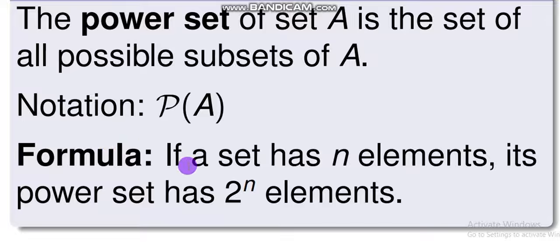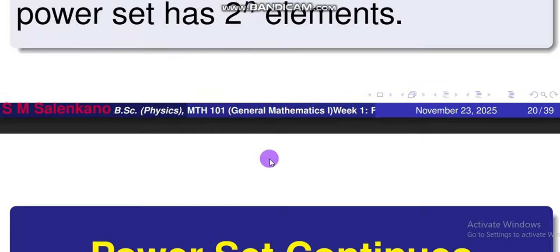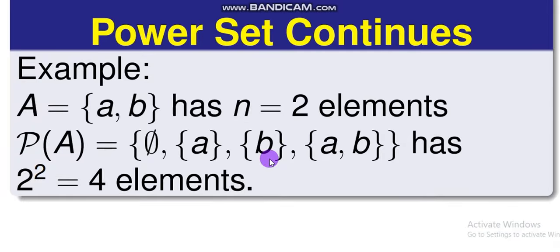The formula says if a set A has n elements, where n is the number of elements, like 5 or 6, then its power set has 2 raised to the power of n elements. We will see in an example how it is used.